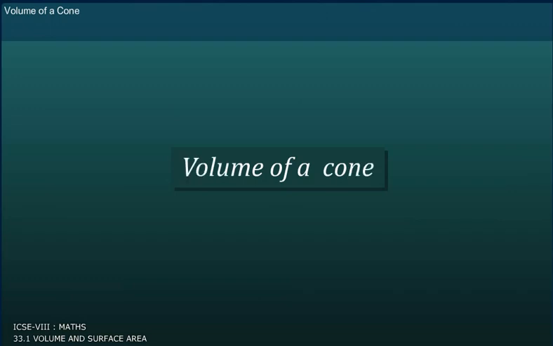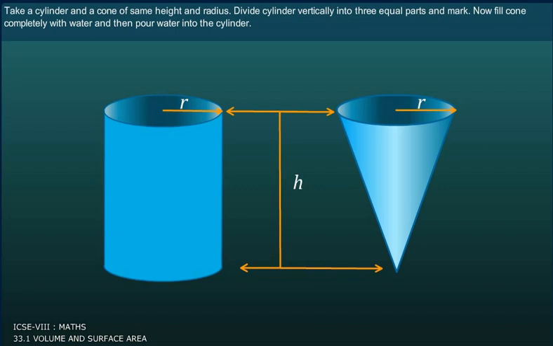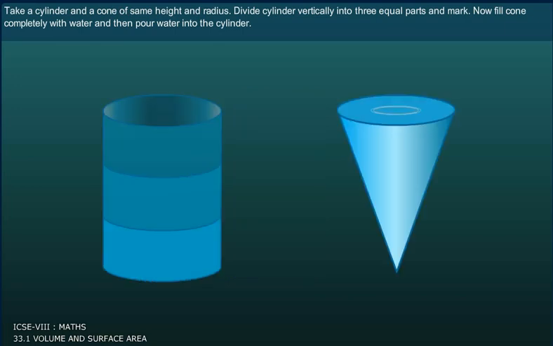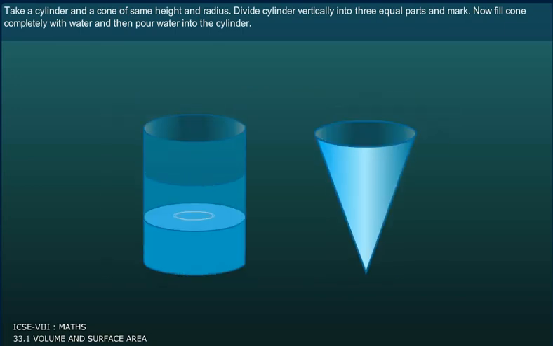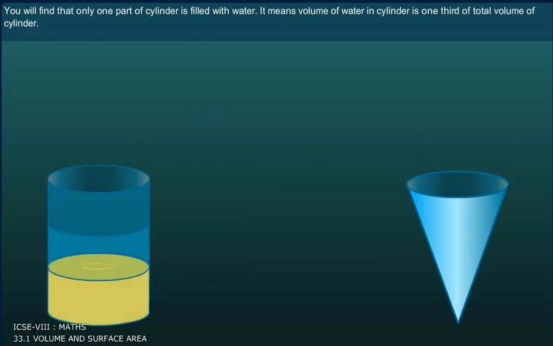Volume of a cone. Take a cylinder and a cone of the same height and radius. Divide the cylinder vertically into 3 equal parts and mark. Now fill the cone completely with water and then pour the water into the cylinder. You will find that only one part of the cylinder is filled with water.